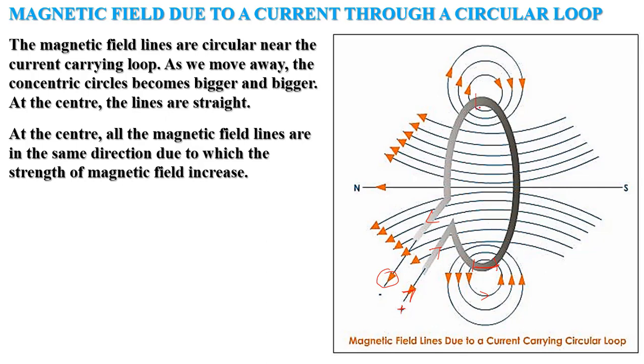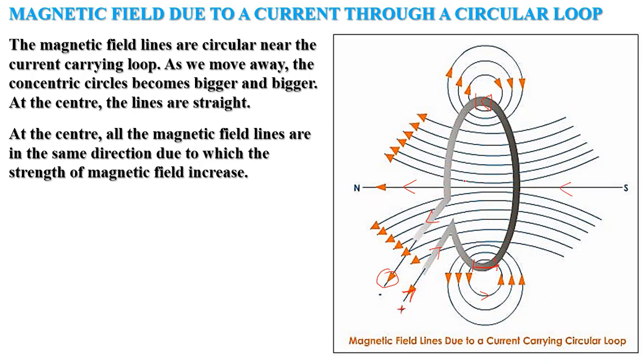Same way here, if we consider a very small conductor and apply the right hand thumb rule, the magnetic field lines over here are circular. As we move towards the center, the magnetic field lines move far away from the conductor. As a result, we can see at the center the magnetic field lines from the left side are coming out and from the right side are entering.